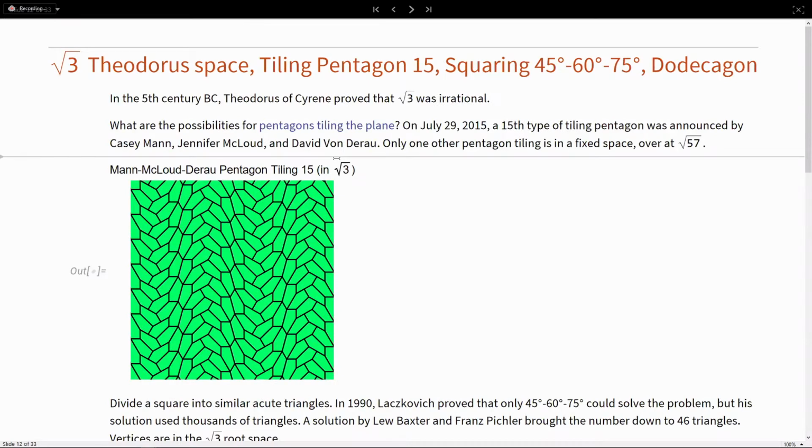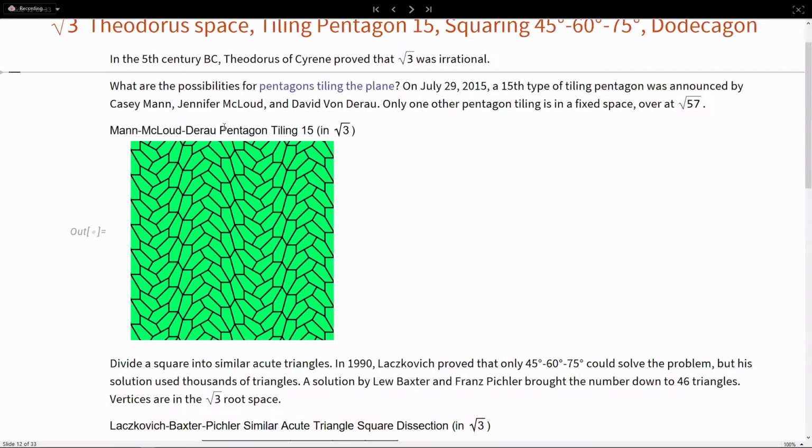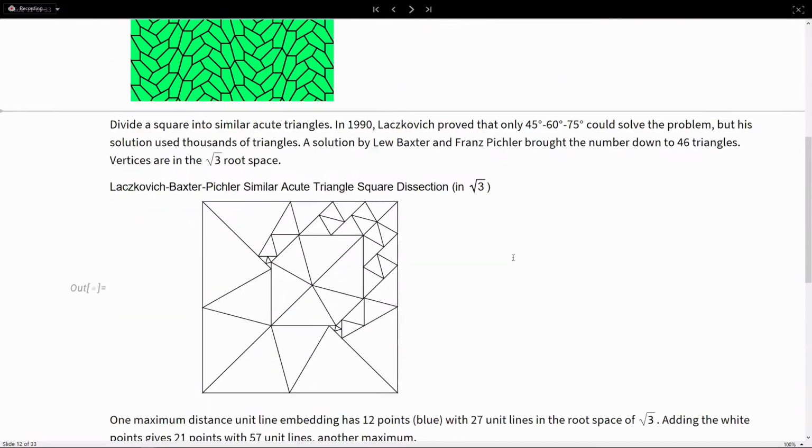The next up in algebraic numbers is the square root of 3. Theodorus was the one who was responsible for that. And more recently, this pentagon tiling based on the square root of 3 was found. Here's a way of dissecting a square into 45, 60, 75 triangles.